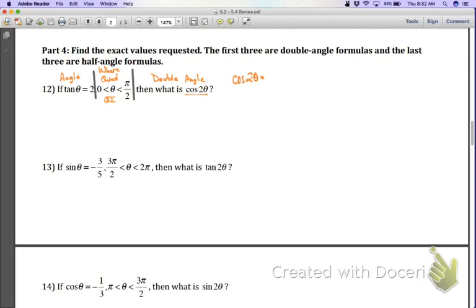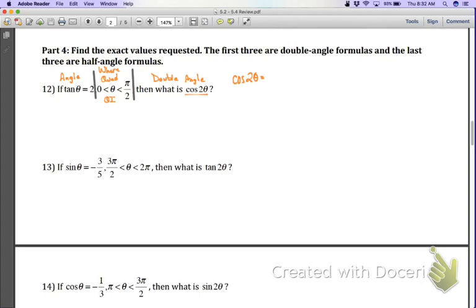I can pick really one of 3 things. It's up to you. Whenever you get to the half angle formulas, tangent has 3 options. Cosine of a double angle has 3 options. You can do whichever ones you want. It's really up to you.